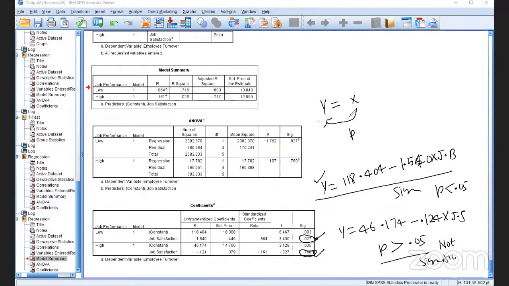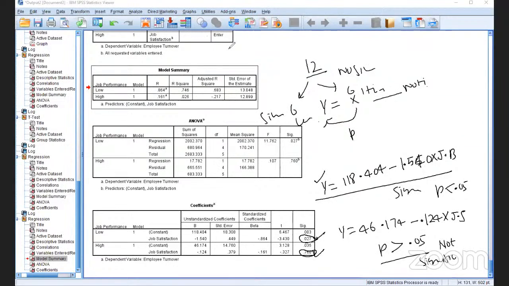When we combine all 12 observations, there is no significant impact. When we divide the sample into 6 and 6, low performers and high performers, we find it not significant for high performers and significant for low performers.